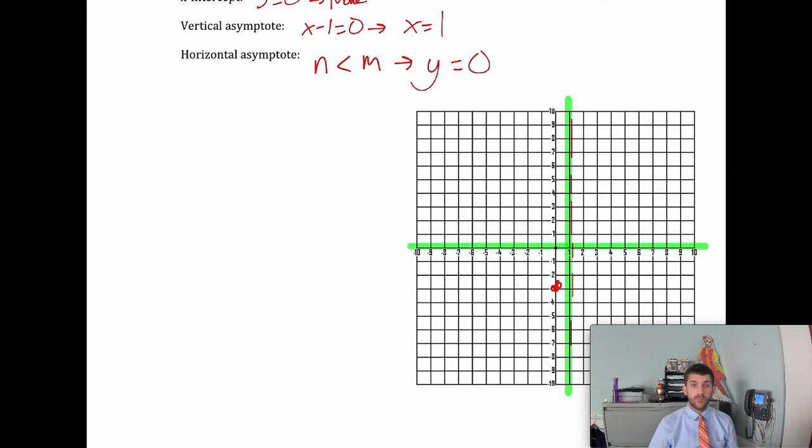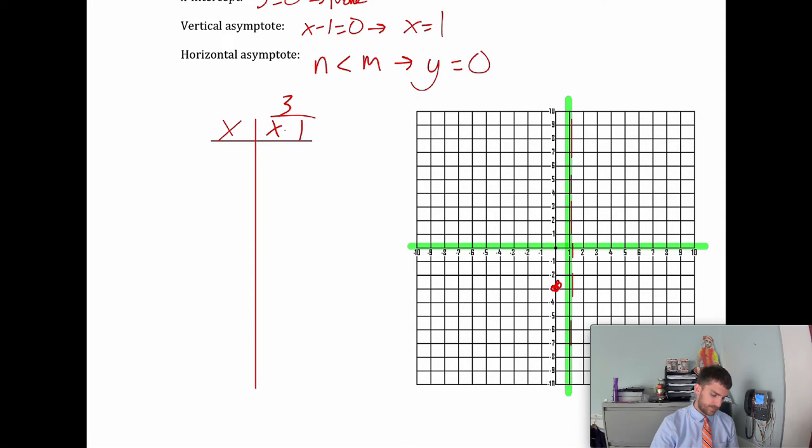Now to find some other points, let's choose some that are a little to the left of the vertical asymptote, and a little to the right. Let's make a quick table. We're going to plug in some x values into the function 3 over x minus 1.